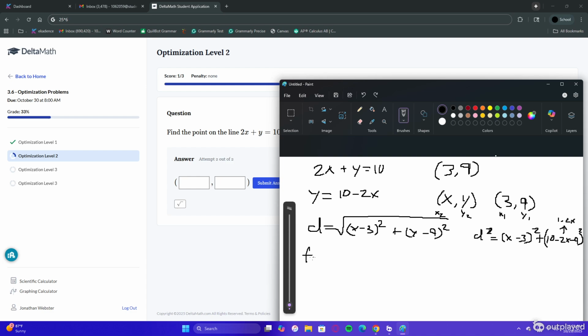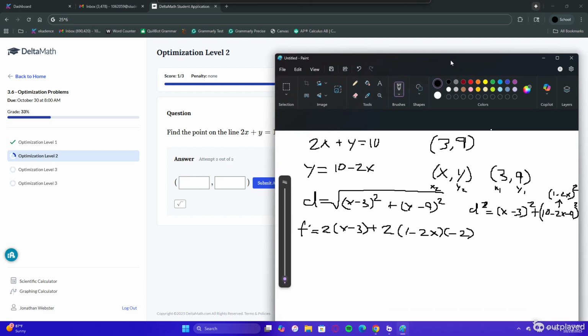So we have to find f prime, do a chain rule, move the 2 to the front, 2 times (x minus 3), plus, and then move this to the front again, plus 2 times (1 minus 2x) to the first power, but remember, multiply by the inside derivative, so it'd be times negative 2 again.